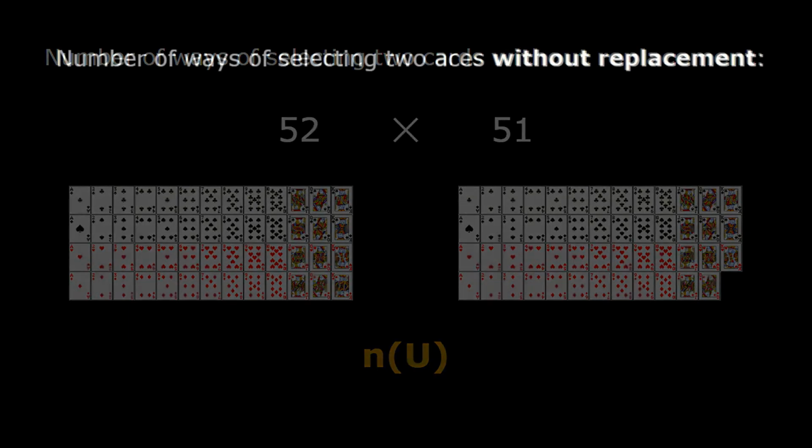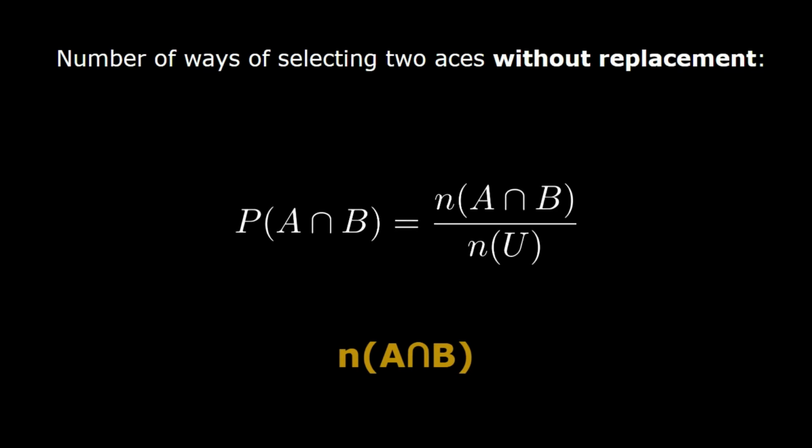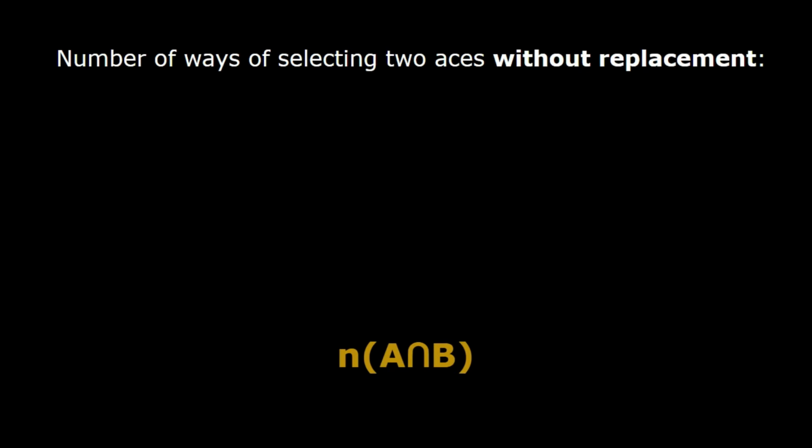And then that sets us up for figuring out the total number of ways of selecting two aces without replacement. This will be the number of elements in this set, which is the numerator in our probability calculation. And don't let the A and B intimidate you too much. That's just reminding you that we're looking for the convergence of two events to happen, not at the same time, but making sure that both of these events actually happen in sequence.